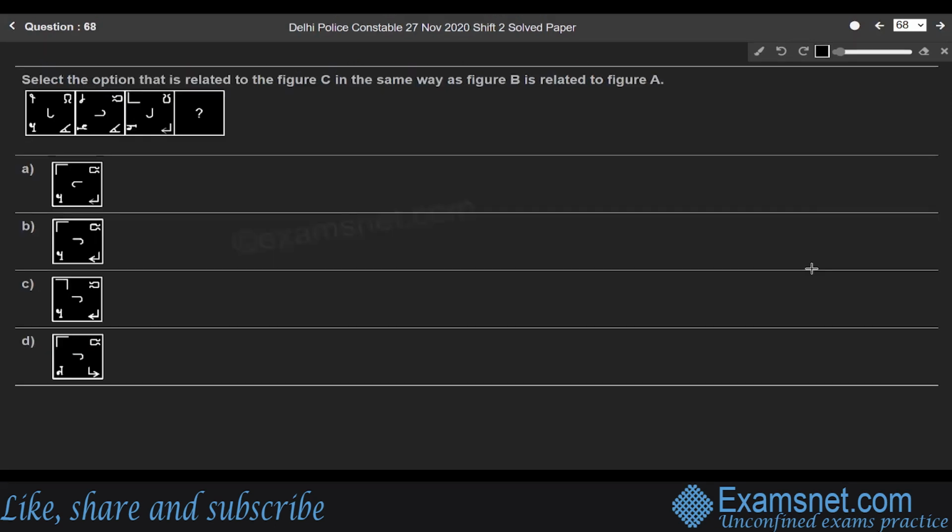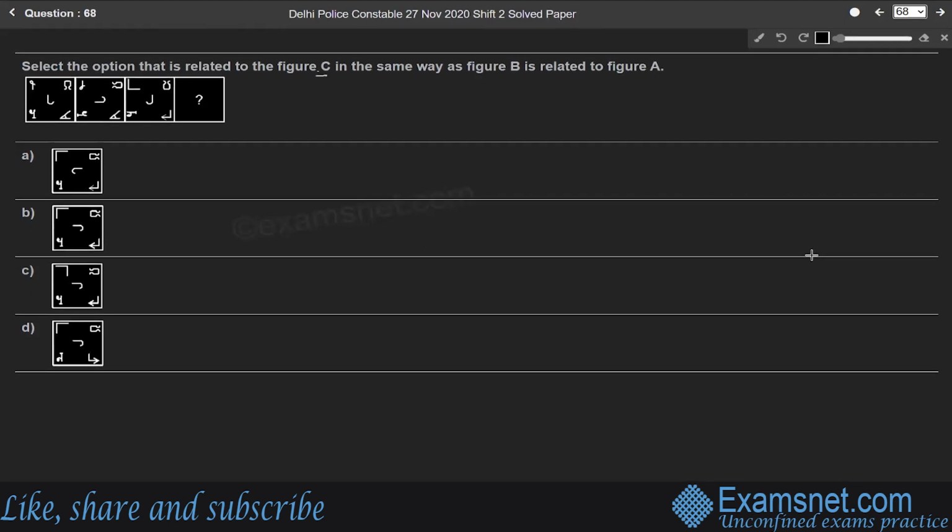Question 68. Select the option that is related to figure C in the same way as figure B is related to figure A. So here, first, second, third, and fourth. So the position of the shapes in the second image with respect to the first image: the shape in the upper left corner is flipped upside down.